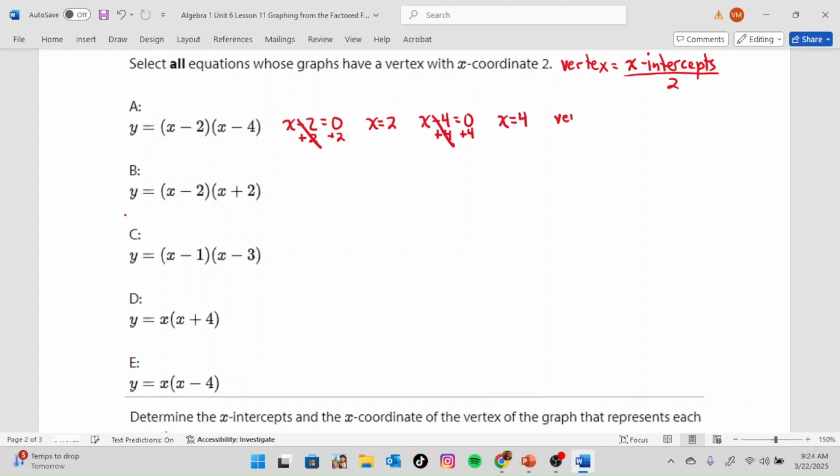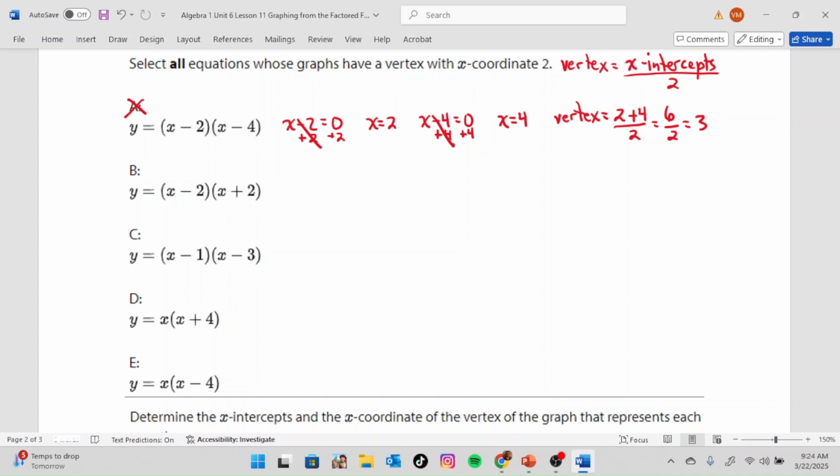To find my vertex, I'm going to add 2 plus 4 and divide it by 2. 2 plus 4 is 6, and 6 divided by 2 is 3. So the vertex would be at 3, not 2. So A is incorrect.